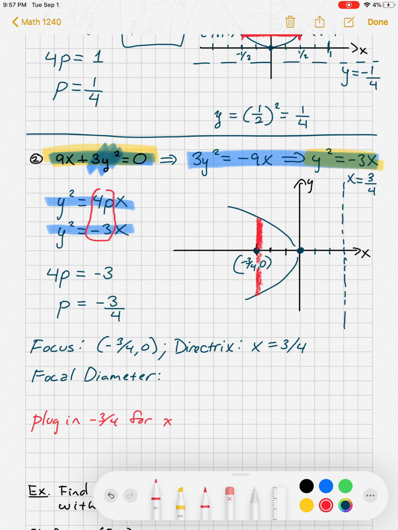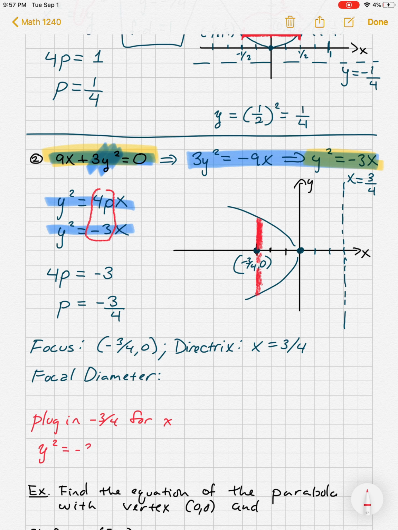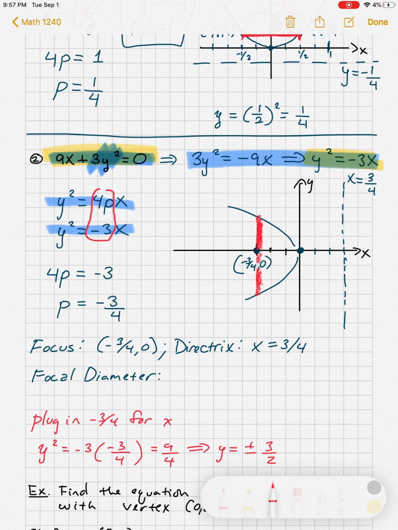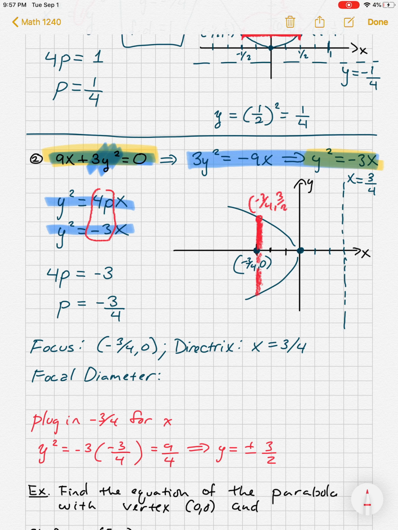Let me use y squared equals -3x. Okay, so if y squared equals 9/4, then y equals ±3/2. So you can see here that this point would be at -3/4, 3/2.